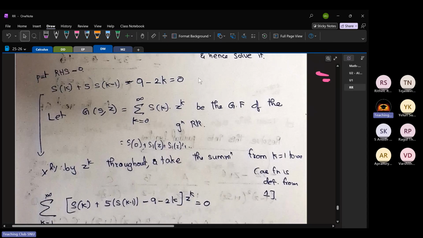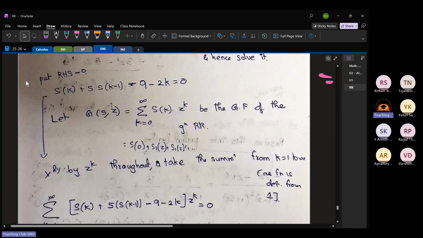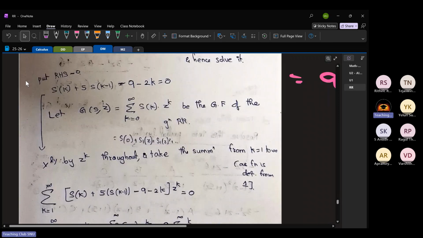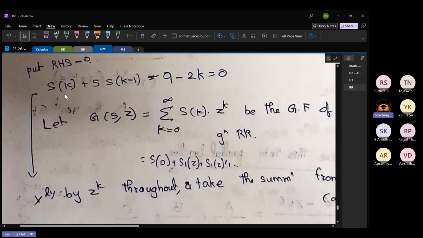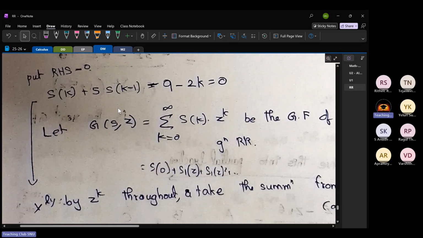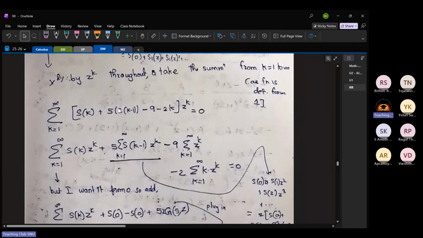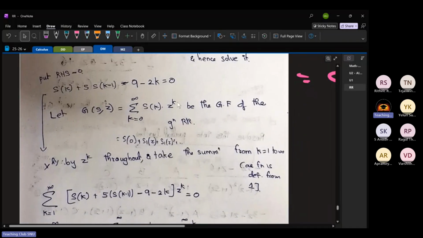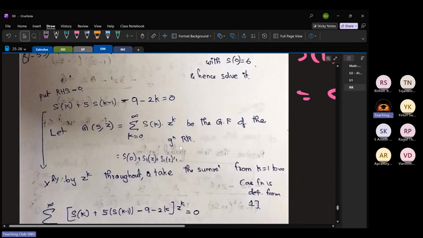Beautiful. Now I'll multiply this by z power k so that I can bring out g of s comma z. So it will be s of k z power k plus 5 s of k minus 1 z power k minus 9 z power k and minus 2k z power k.